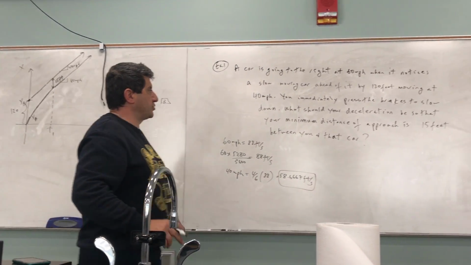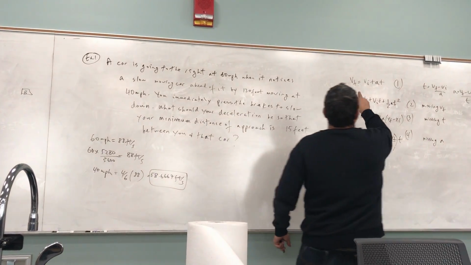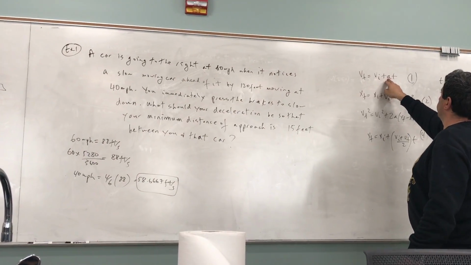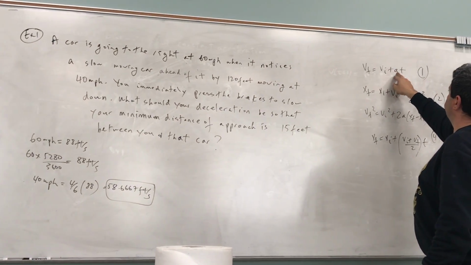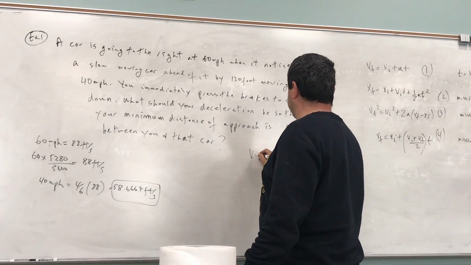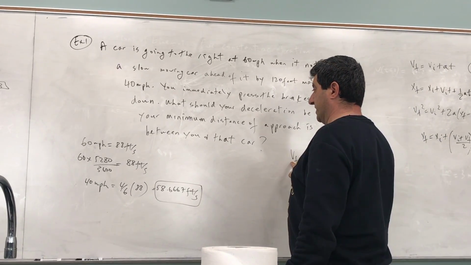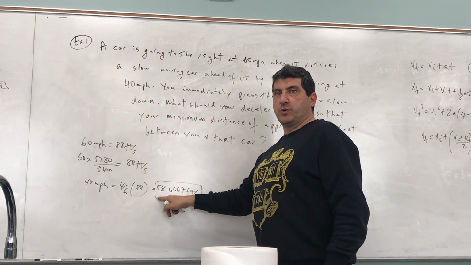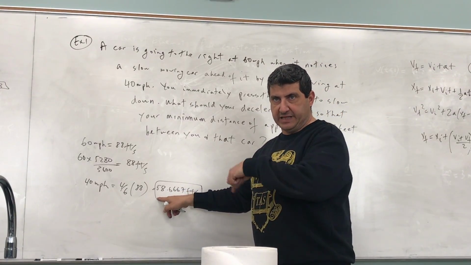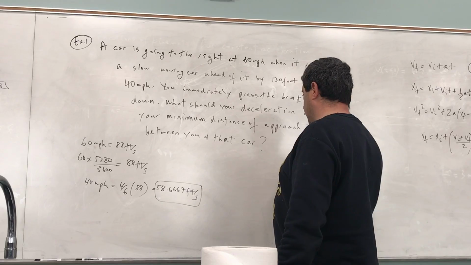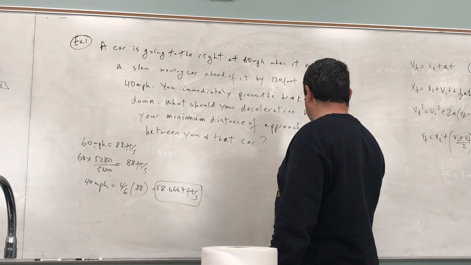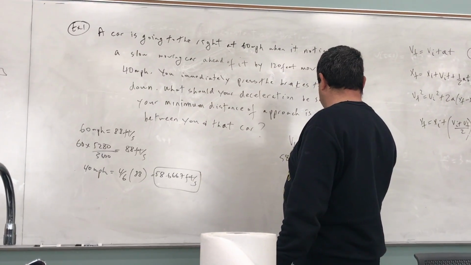How about if we use this equation to get an acceleration? We don't have the acceleration, but we could say V final is V initial plus AT. So you want the final velocity of car A to be that, right? 58.6667. V initial is 88.